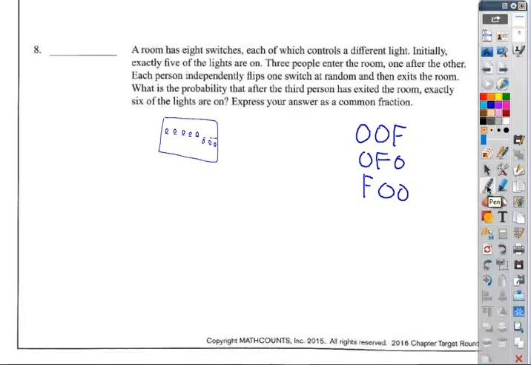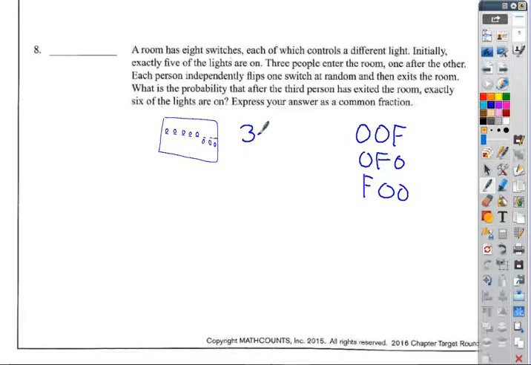Alright, so let's start off with this first arrangement, OOF, and let's see how many ways we can make that one. Well, if the first person is going to turn a light that was not previously on, that means that they have to turn one of the 3 lights that was off on. So to start off with that one, we'll get 3 options for the first person. The second person, there are only going to be 2 more lights that are still off that they can turn on.